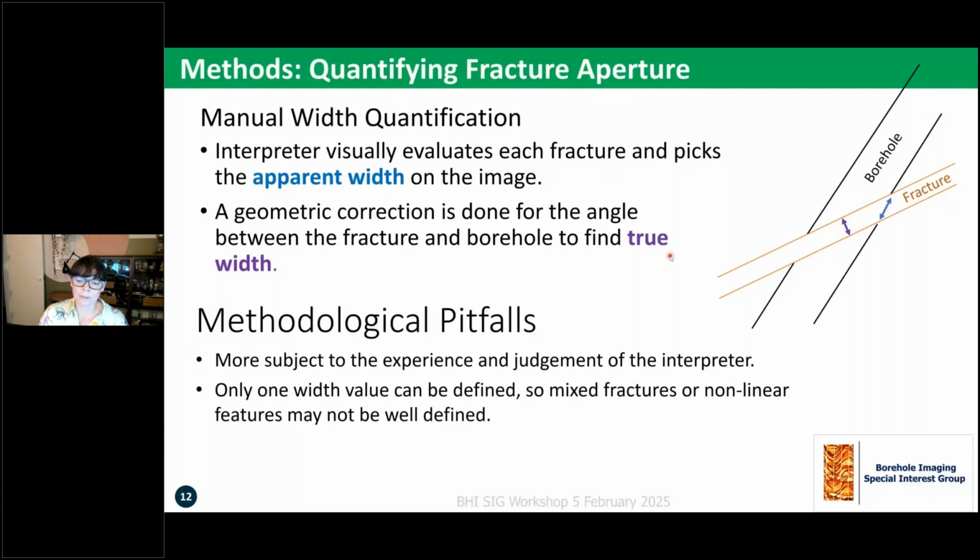This method is definitely more subject to the experience and judgment of the interpreter. It is very challenging to fit one width and sinusoid to complex geologic features, as we'll see in some examples soon, so mixed fractures or very non-linear fractures can be poorly defined by this method. But where we're trying to get a set of relative values so we can step back from the outcrop, this can still be very useful.